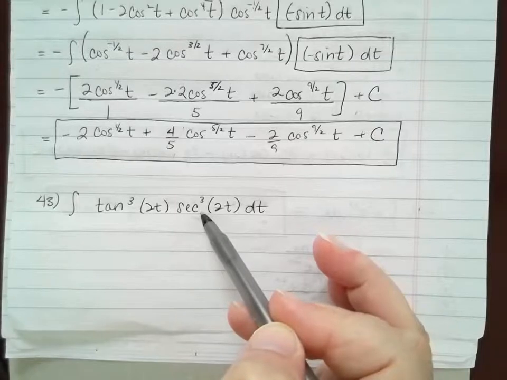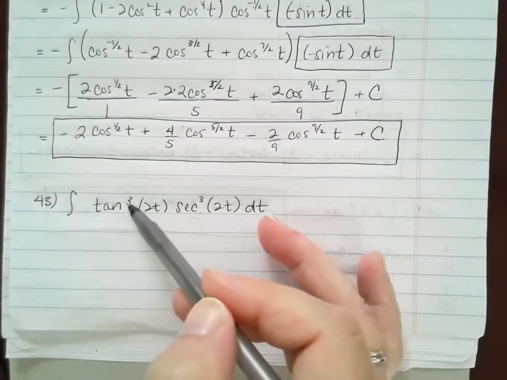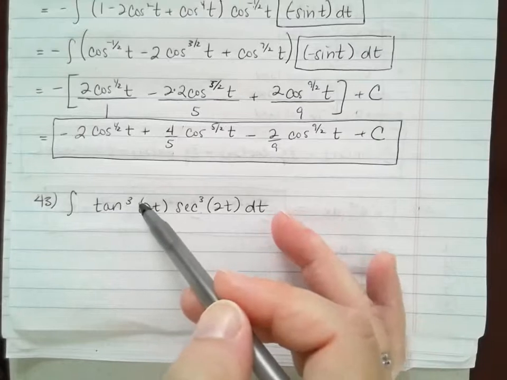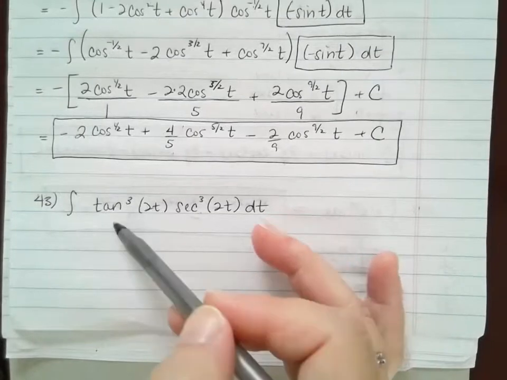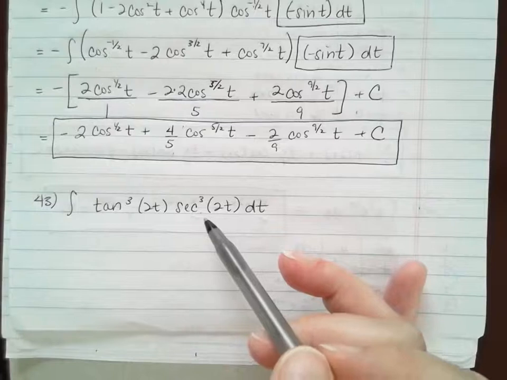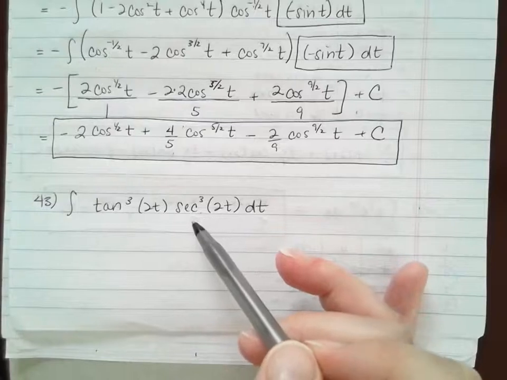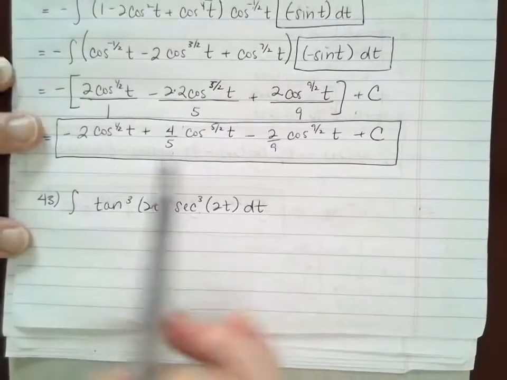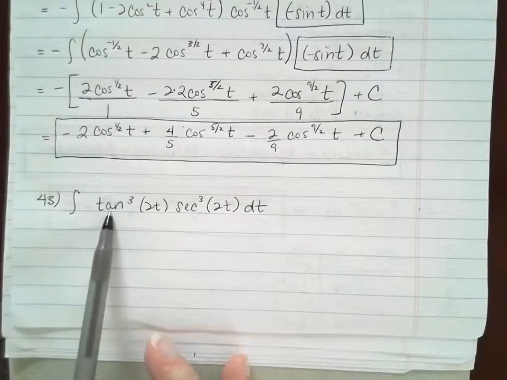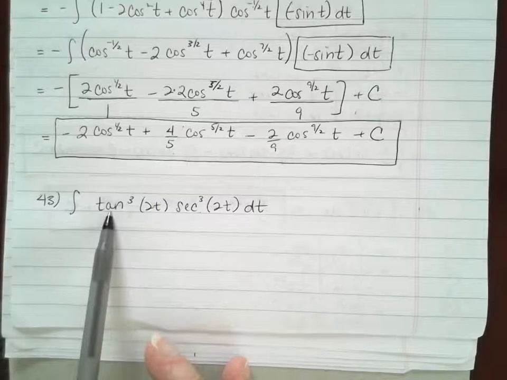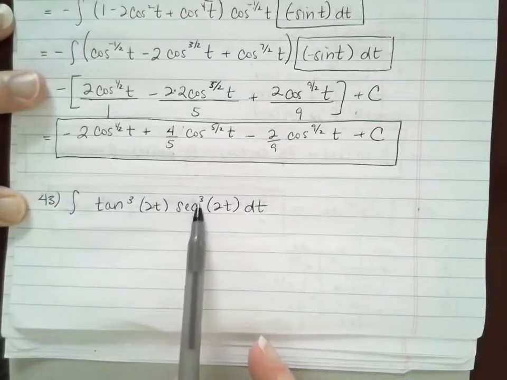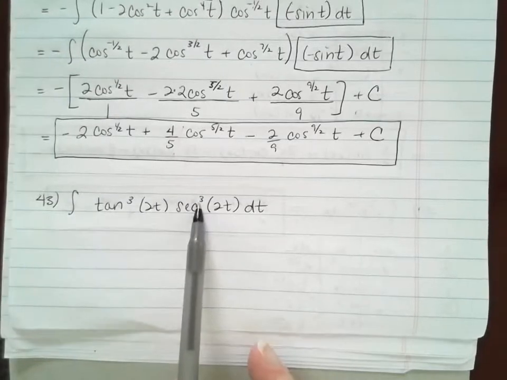As long as my leftover tan is squared and I can convert that using an identity, then that's okay. So this is possible to turn everything to secant. The alternative would be if I had tan be u, then I would need to save a secant squared for its du. If I saved secant squared, that would leave me with one secant, and I can't convert one secant to a tan.